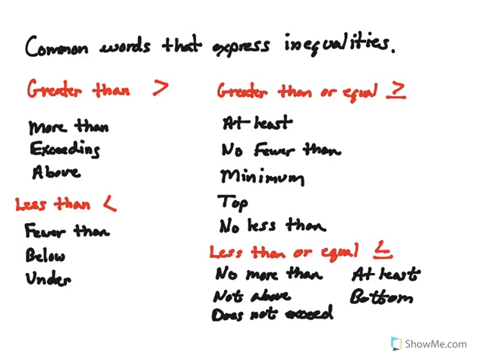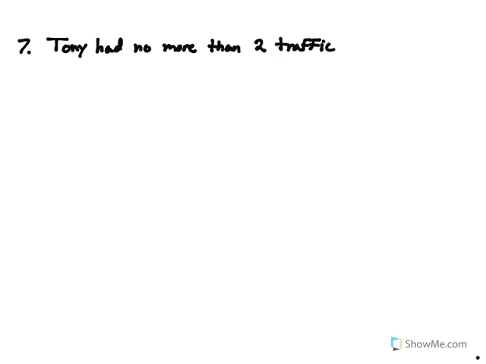Okay, so if we go to the next slide, and then now I can present an example. So the first example that I would say is, let's say we had Tony had no more than 2 traffic offenses.